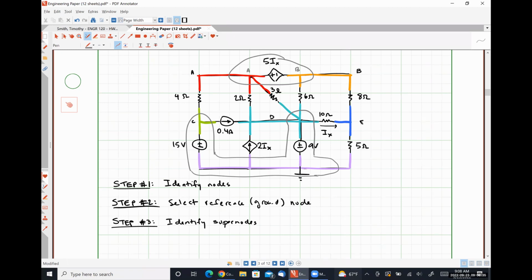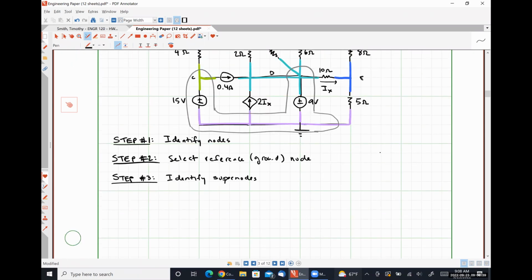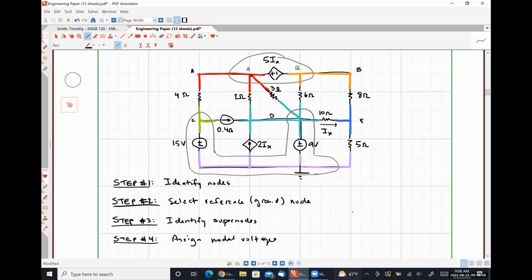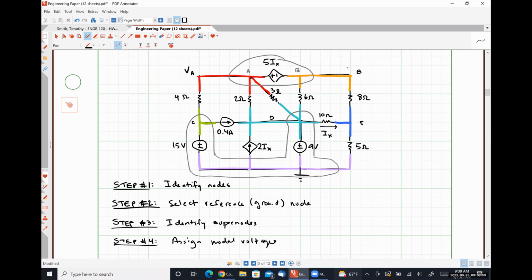All right. So what we're going to do now is step 4. Assign our nodal voltages. So we're going to have VA, VB, VC, VD, VE. That's it.